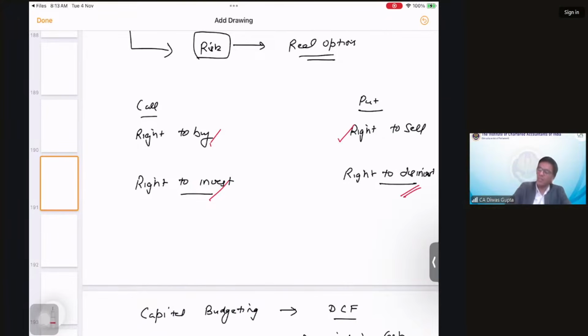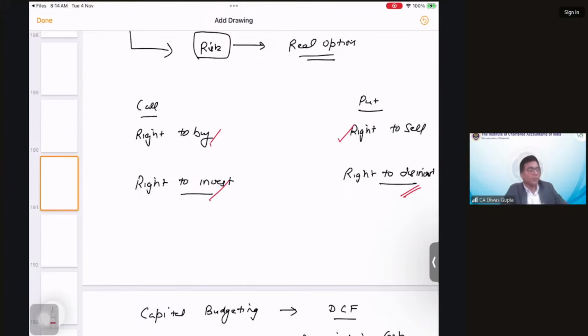Right to disinvest is basically your right to come out of that project. If you plan for that, this is called a put option. Let's say today you are sitting and you say that after 5 years I will disinvest from this project because I feel the real value derivation has already happened.